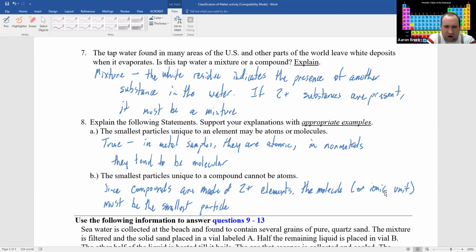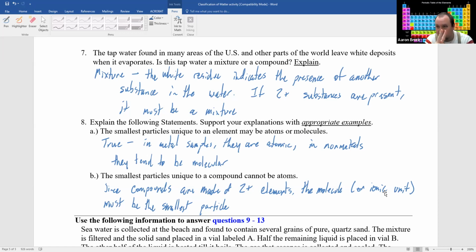These two are true statements, and they're just kind of going after our thinking here. So the smallest particles unique to an element could be atoms or molecules, and we saw that. That's a metal versus non-metal kind of thing. The smallest particles unique to a compound can't be atoms. That's also true, because remember, atoms are a single element. And if I have a compound, I don't have a single element.